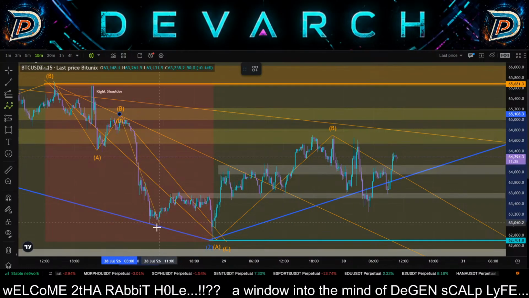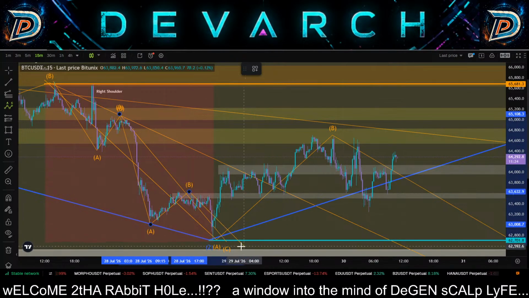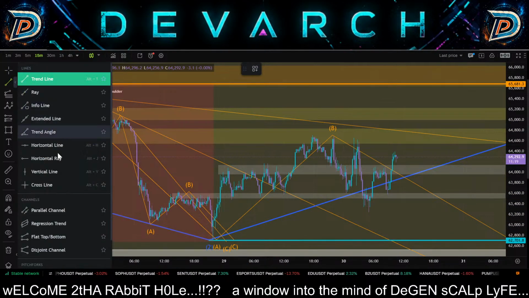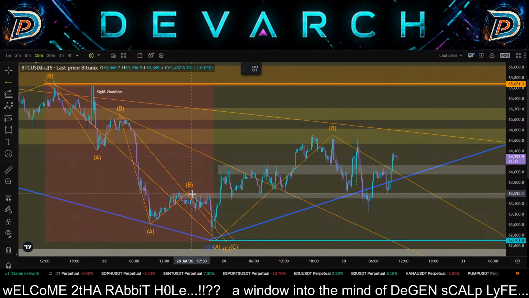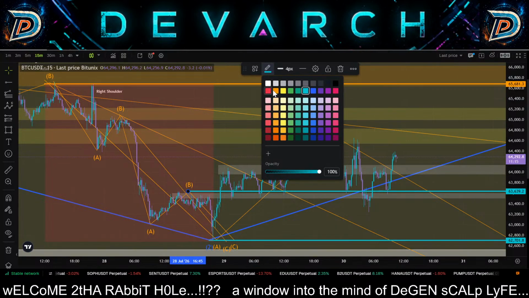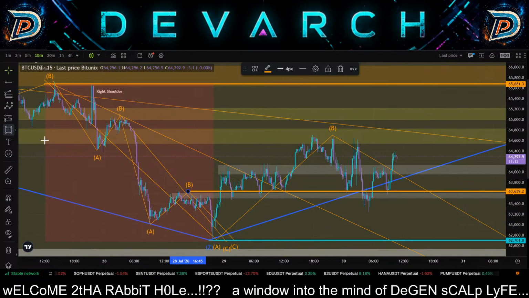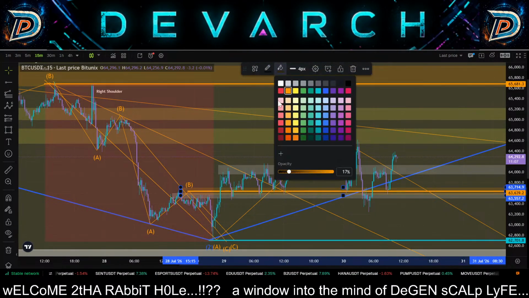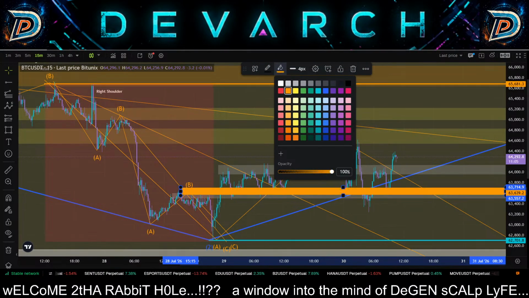See it here, and you're going to see how, again, remember how I'm just kind of doing the same thing on each time fractal. You can see the break of structure here. You see it? This is the break of structure.